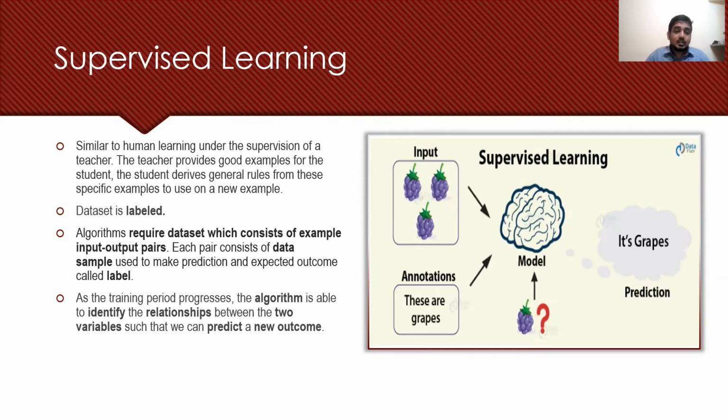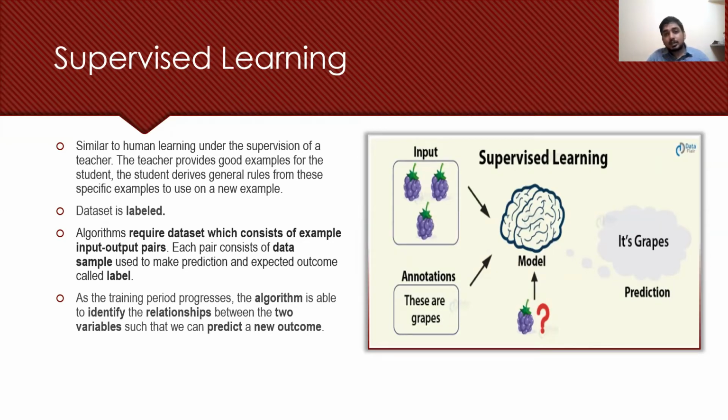So here you can say these are grapes. So we are labeling these things. The dataset in supervised machine learning must be labeled. An algorithm which uses supervised machine learning requires a dataset which consists of examples of input and output pairs. They should be pairs. Input should be paired to an output label.